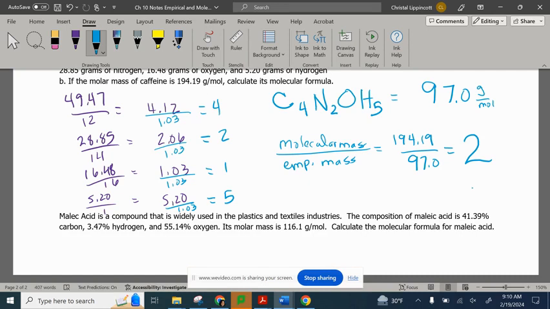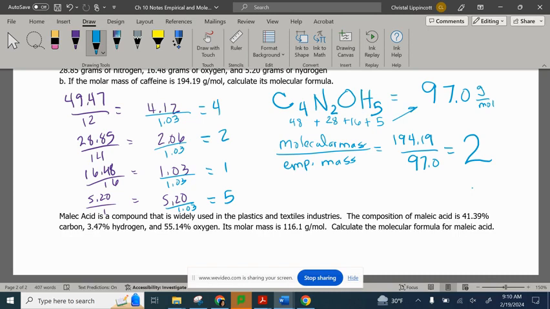Okay. So I took 4 carbons at 12 each, which is 48. I took 2 nitrogens at 14 each, which is 28. I took an oxygen, which is 16. And I took 5 hydrogens. Oh, that's the empirical mass.